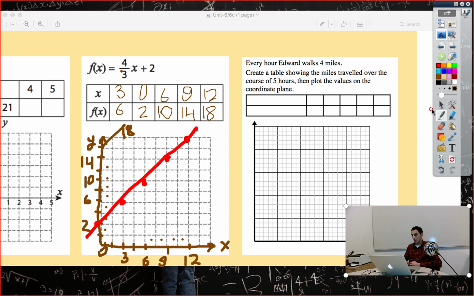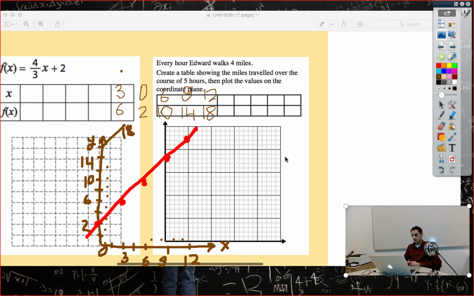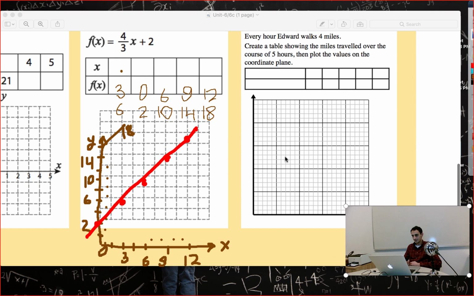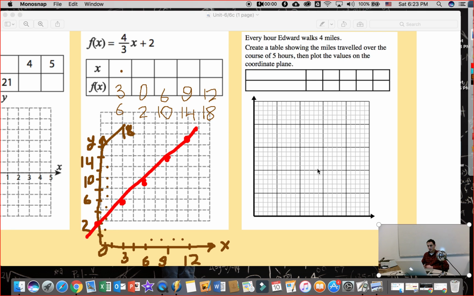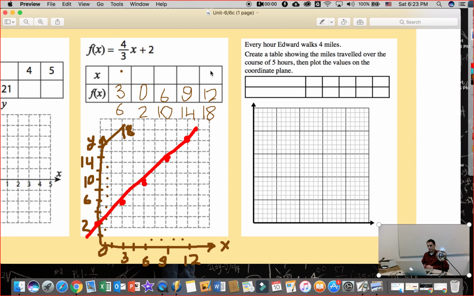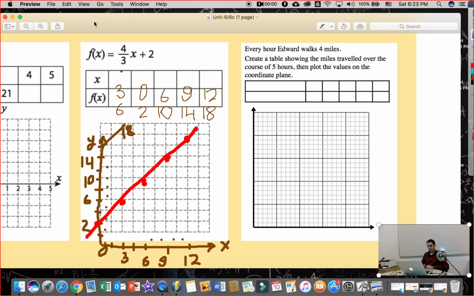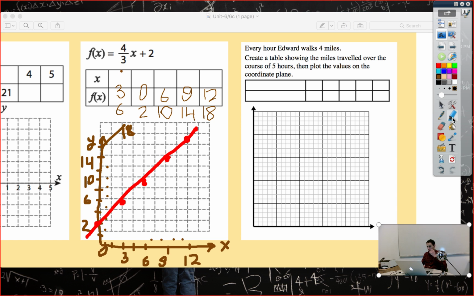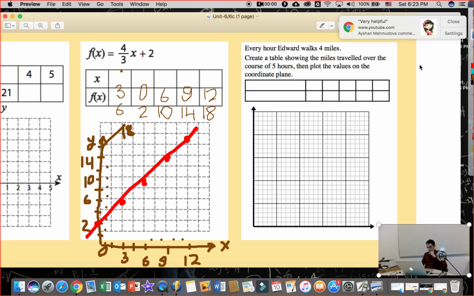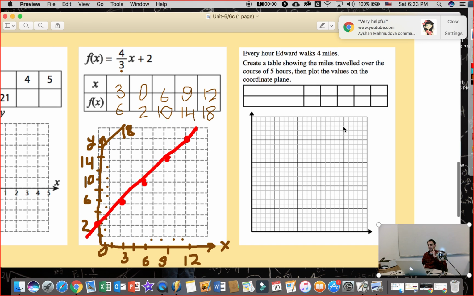I think it's clear. So last example, then we are finishing all of them. Okay, here guys, first step is find your rule.